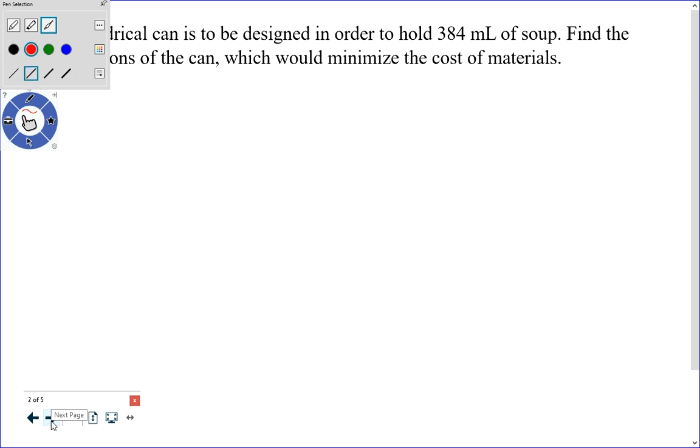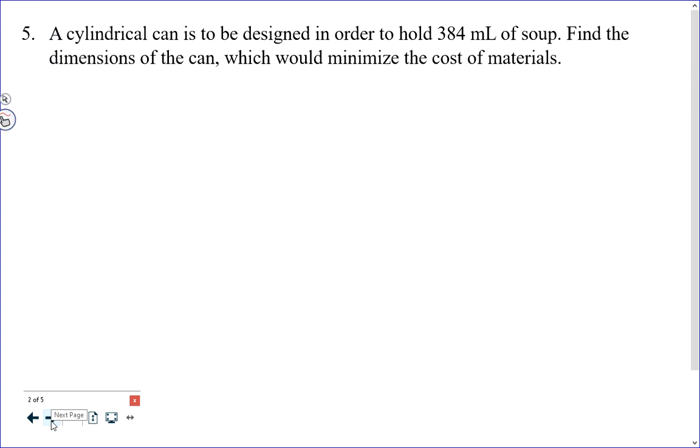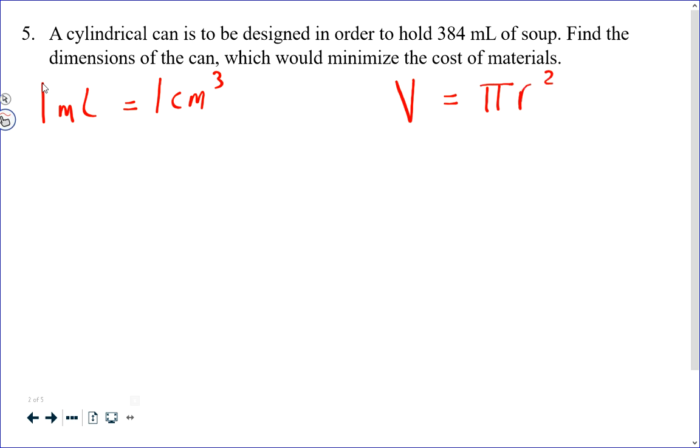The first thing that we need to remind ourselves of from probably junior high is that the unit of a milliliter is a unit of volume, and it's equal to 1 cubic centimeter. Now, when we say that the can has to hold 384 milliliters of soup, that 384 milliliters is the volume. And the volume of a cylinder is equal to pi r squared h.